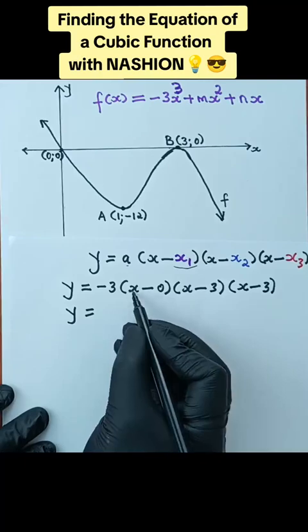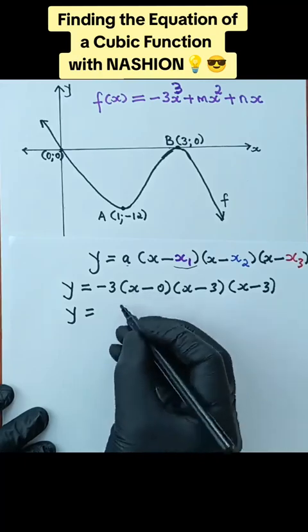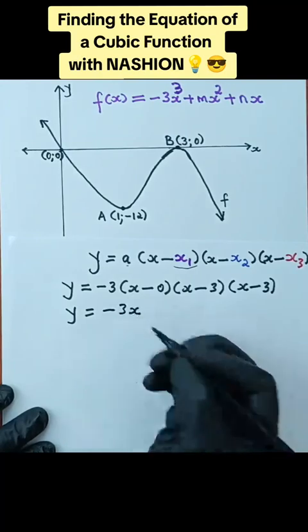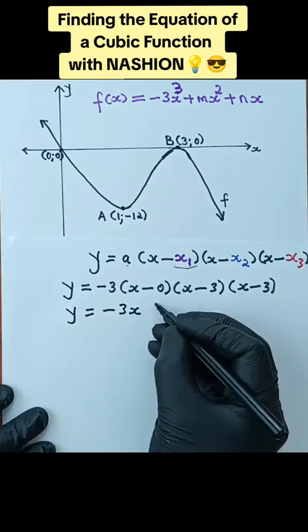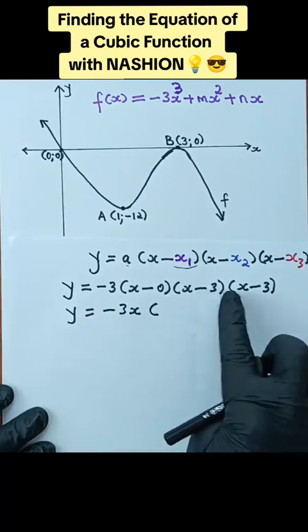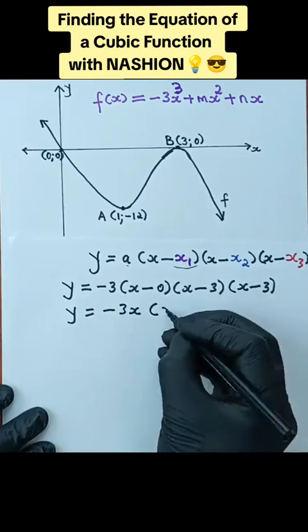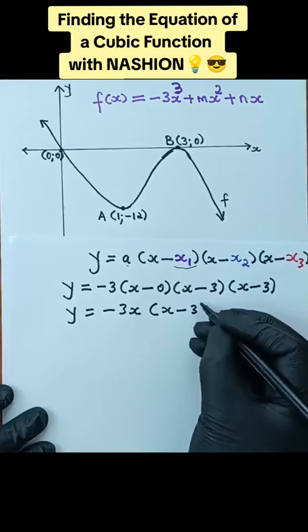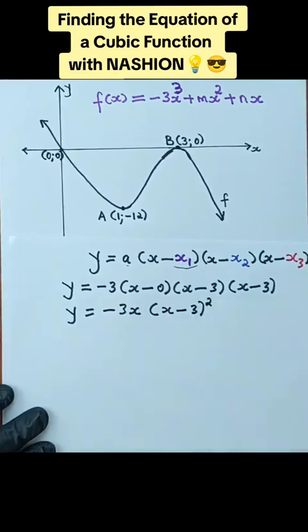So -3 times x, that's just -3x. And check this out. This is the same thing repeating. So we write x minus 3 all squared.